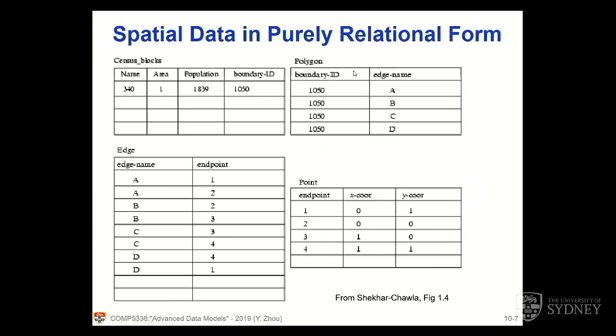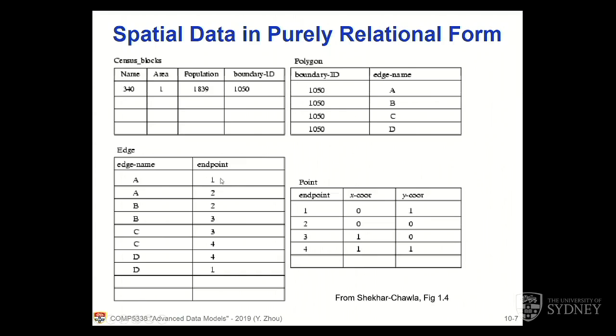And in this polygon table, we use edges to define the shape. For this particular ID, it has a few edges. Again, because an edge is also a complex type, we put it in yet another table. Each edge has two endpoints, so for each edge we have two rows here.